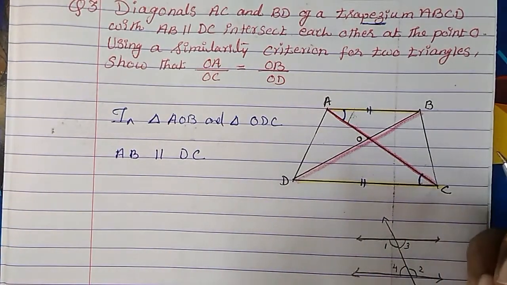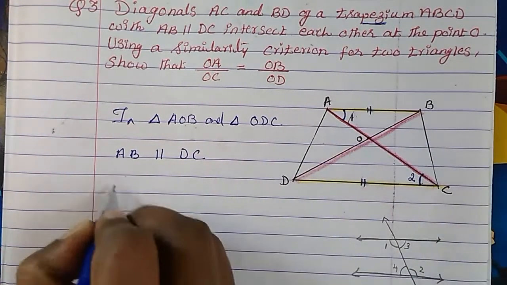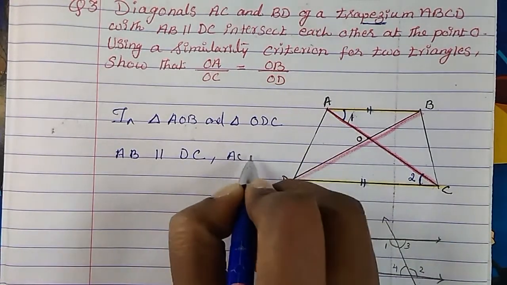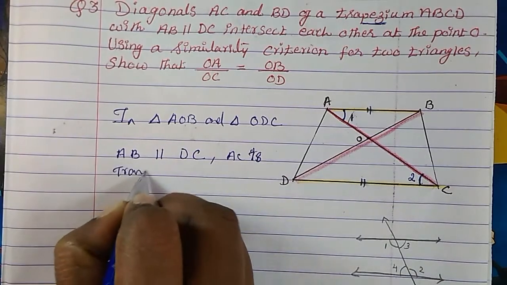If you want, you can give names: angle 1, angle 2. AC is the transversal.